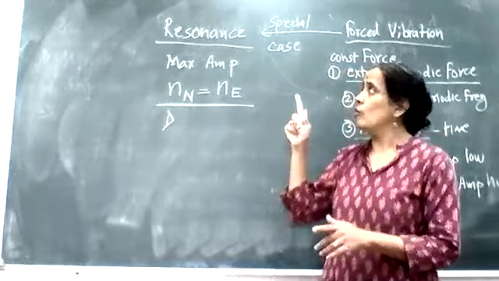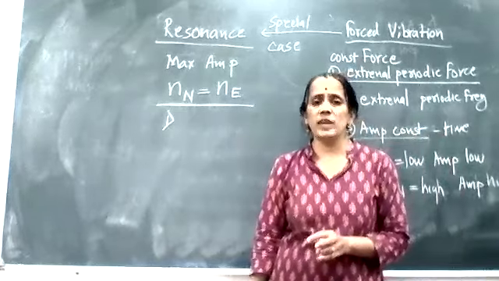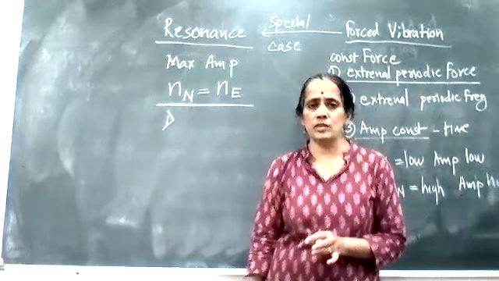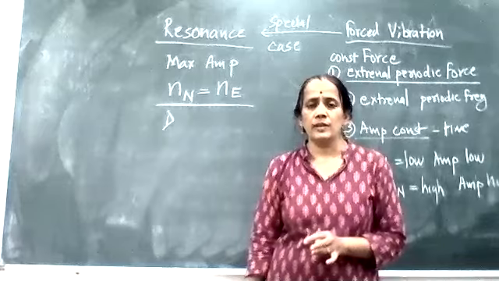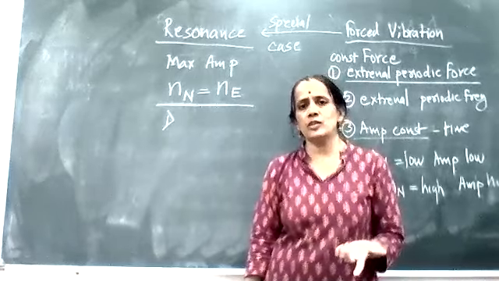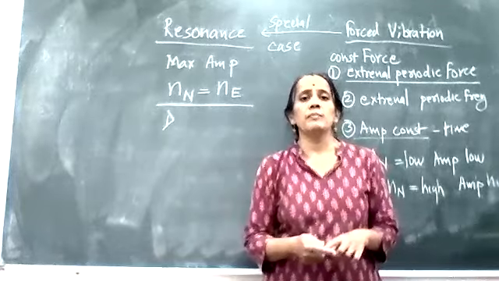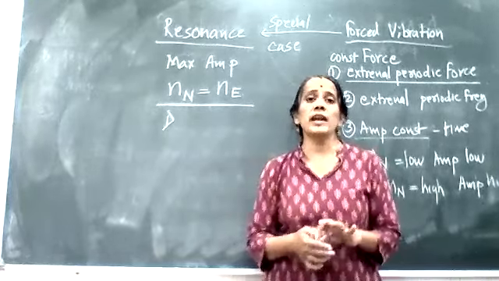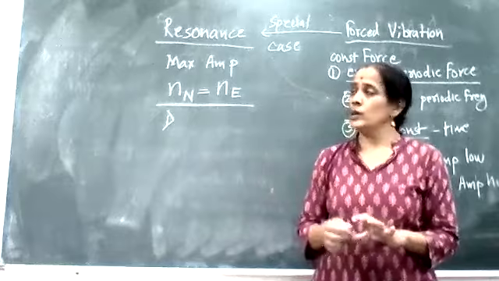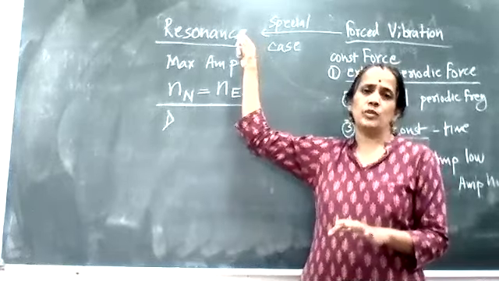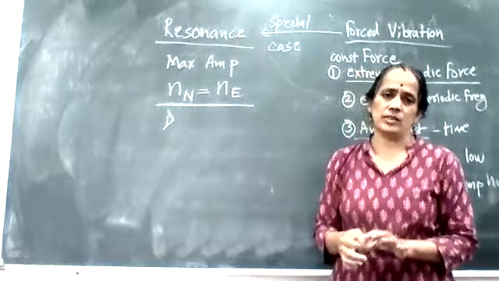So that is one of the phenomena which is nothing but resonance. Then the second example of resonance will come when you study the next two topics, the sonometer and the resonance tube. In the sonometer and resonance tube, you will get examples of resonance.